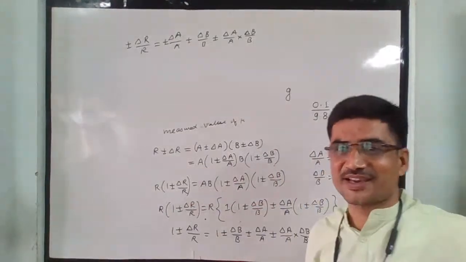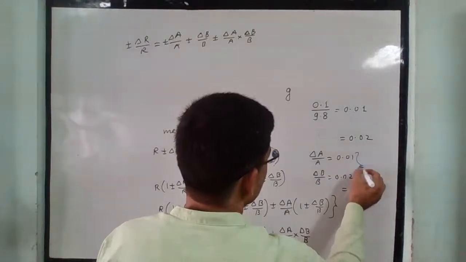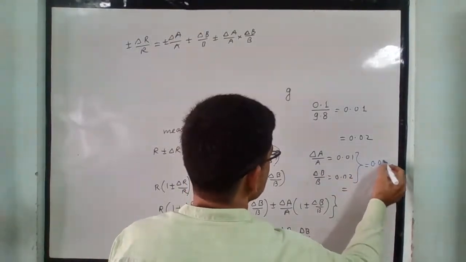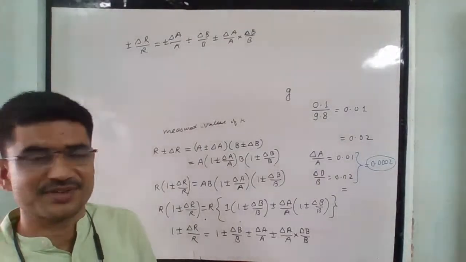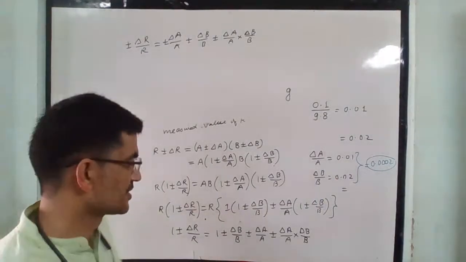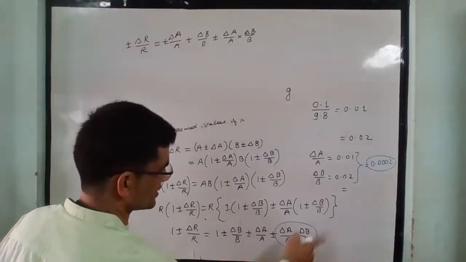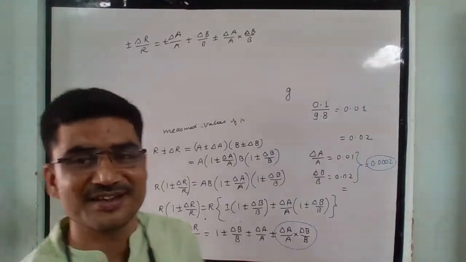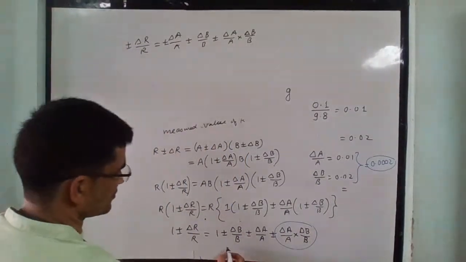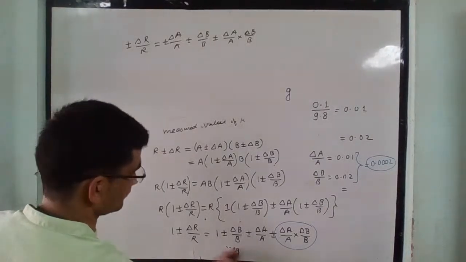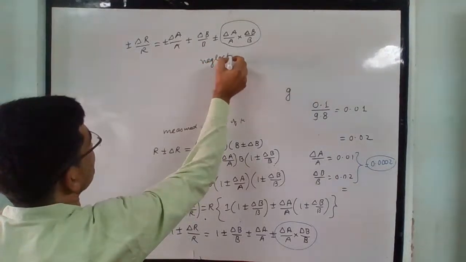Good. See how small the quantity is. The product of these two is 0.0002, which is too small, so we can neglect it. This is a very small quantity, so we are neglecting this one.